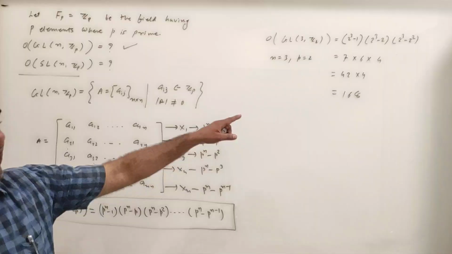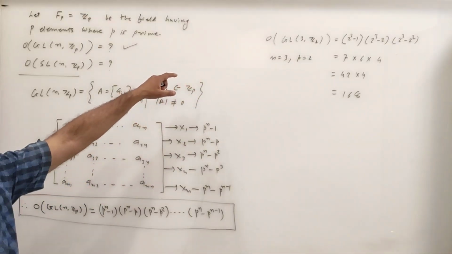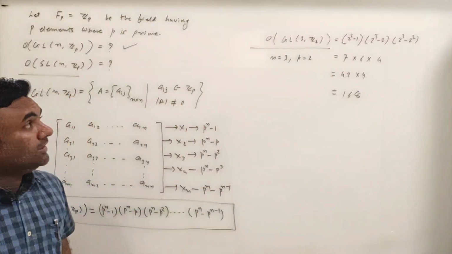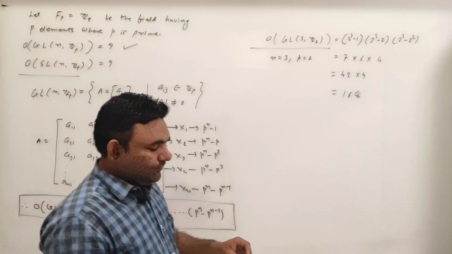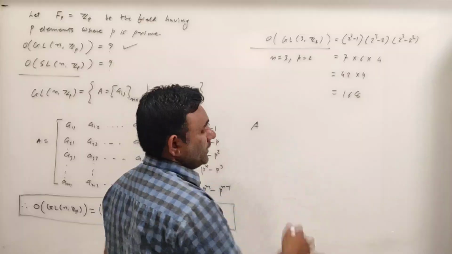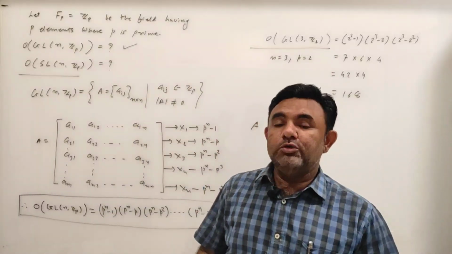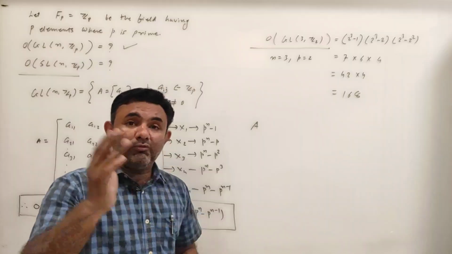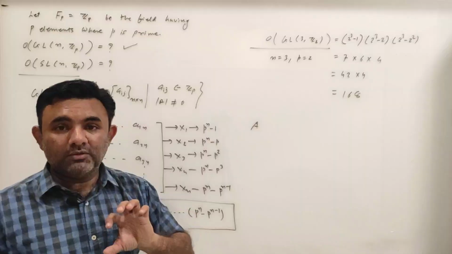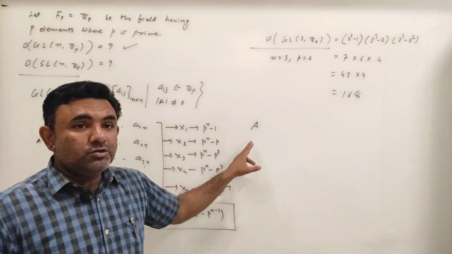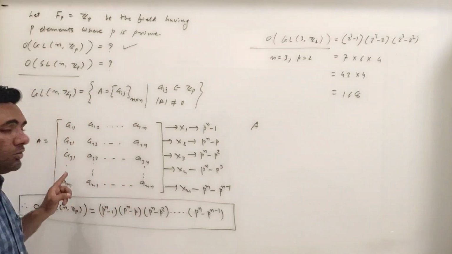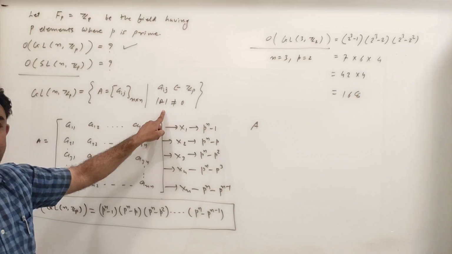See, 168, this was the question asked in the NET examination. There it was not directly said to find the cardinality of GL(3, Z2). It is framed like this: let A be the set of 3 by 3 non-singular matrices whose entries come from a field having 2 elements. Then what is the cardinality of A? Non-singular 3 by 3 matrices means 3 by 3 matrices whose determinant is non-zero.